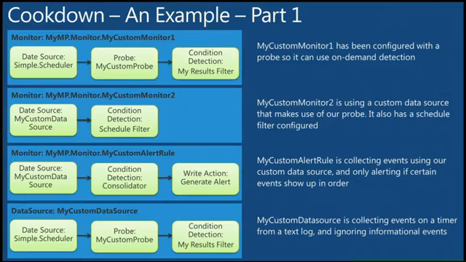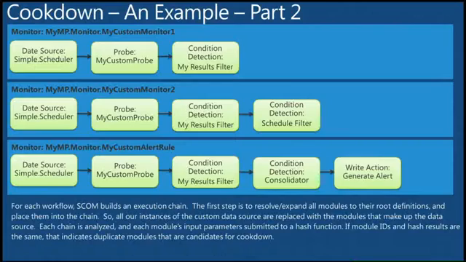So what SCOM does when it starts breaking these things down to determine how to run these different workflows is it actually replaces all the modules with simpler modules until it makes a big long chain. So if we take these 2 monitors and rule and break them down, then you'll see that the first monitor is the data source probe condition, the second one is data source probe condition, and then another condition, and the rule is a data source probe, 2 conditions, and a write action.